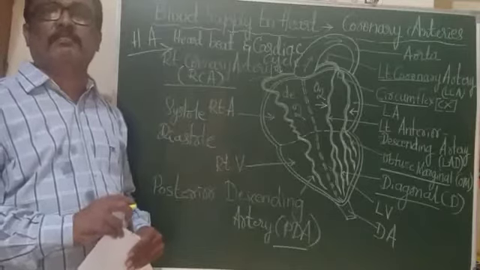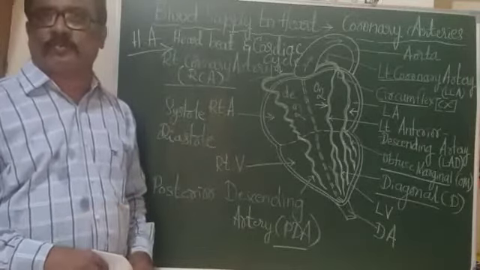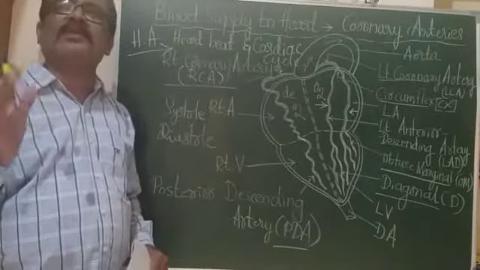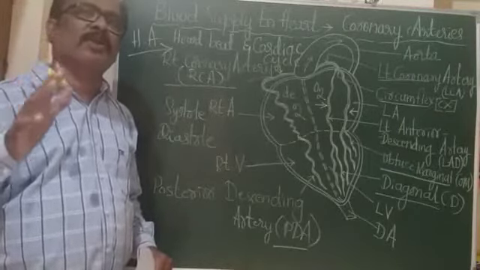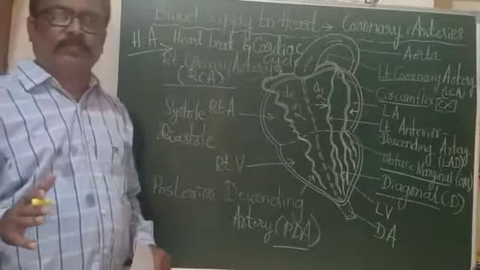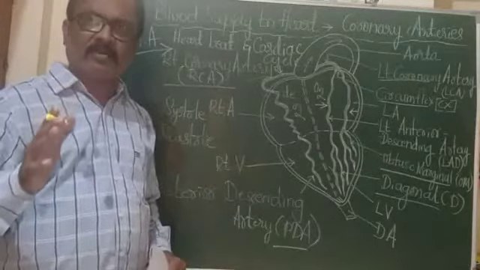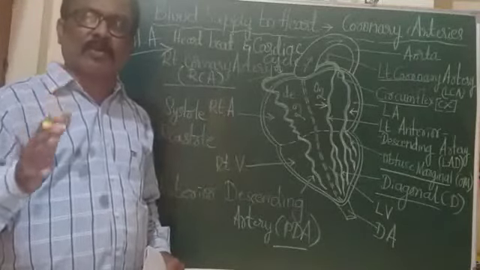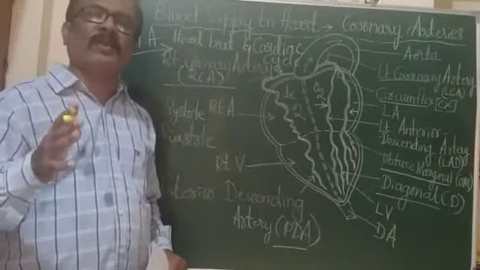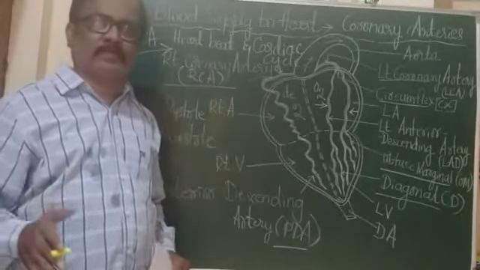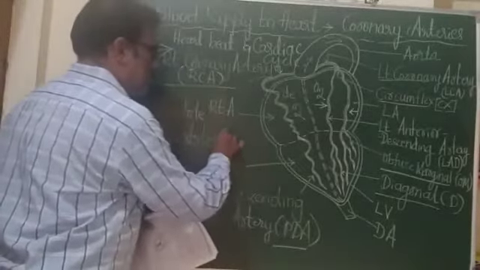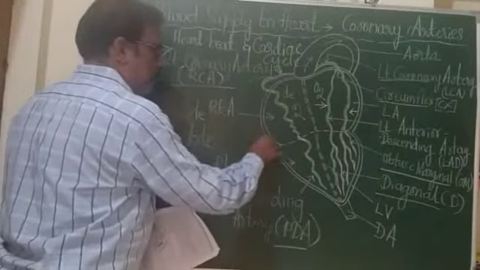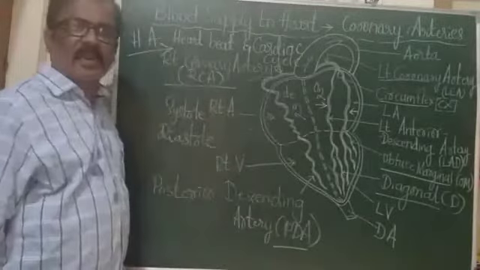Myogenic heart. Myo refers to muscles. The heartbeat is originated and stimulated by a special muscular tissue, which is located in the vicinity of the heart. That is nothing but SAN.